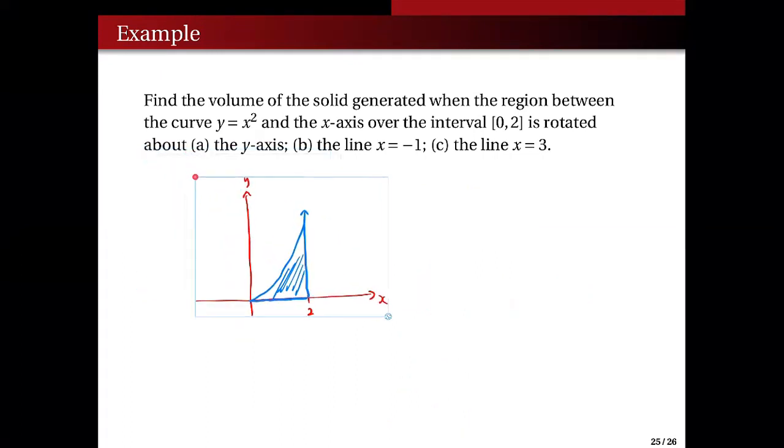For letter B, let's do this. This time, the axis of revolution is x equals -1. So the axis of revolution will be somewhere here.